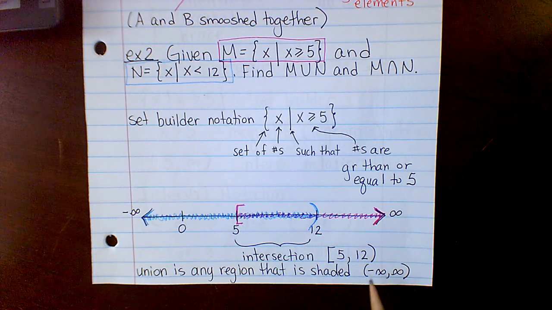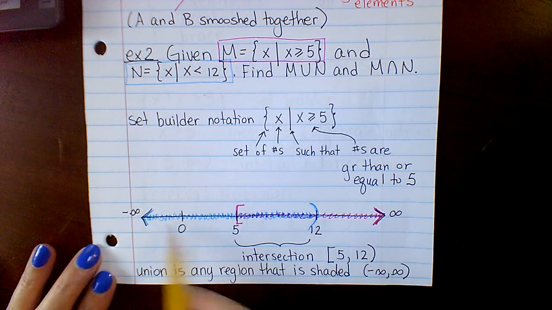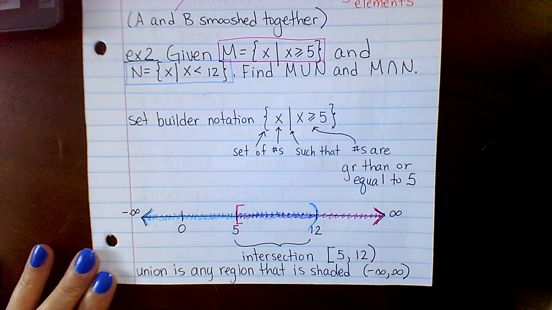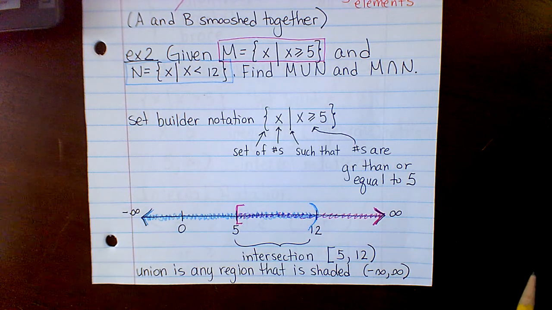Remember, the union is one or the other or both, so it's blue or red or both. And it just so happens on this particular example that everything is shaded in either blue or red or both. So we say that the union is everything, and we write that with this negative infinity to positive infinity. This is what's called interval notation.